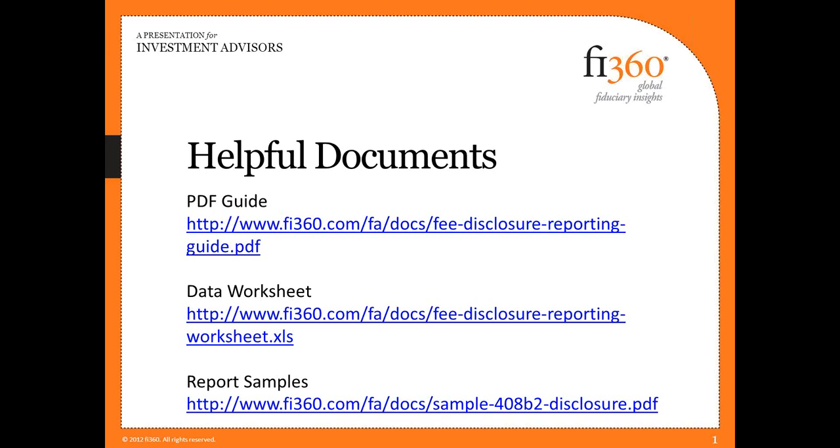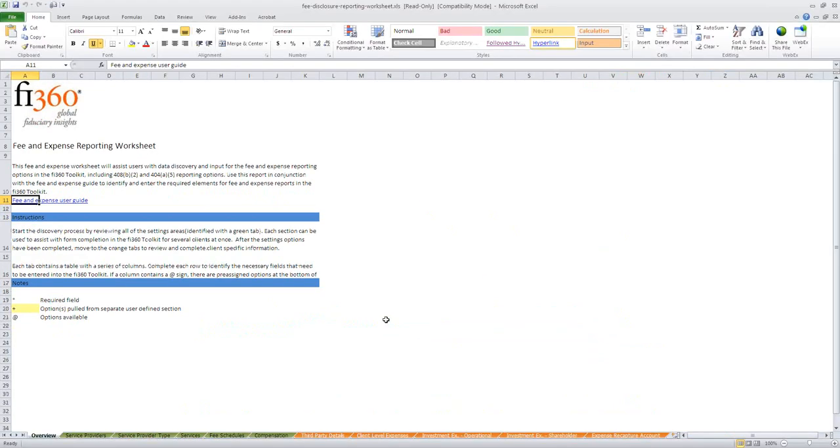The data worksheet is an Excel file and essentially represents the data structure that is applicable when entering information into the toolkit. So I'll just take one quick second and show you this, and then I'll go back to the screen so you can click to download the file. Now with this file, if you look across the bottom here, you'll see a bunch of green and orange tabs.